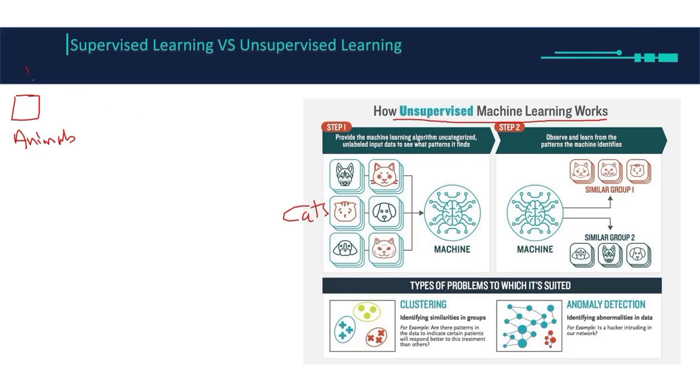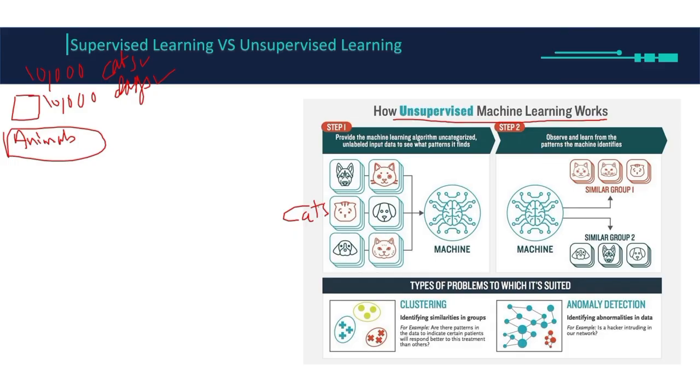I have 10,000 pictures of cats and 10,000 images of dogs. Now, as a human, I know these are images of cats and these are images of dogs, and the label is animals. But the machine learning algorithm doesn't know that in this folder there are only cats and dogs. Only I know, because I'm the one who collected these images.